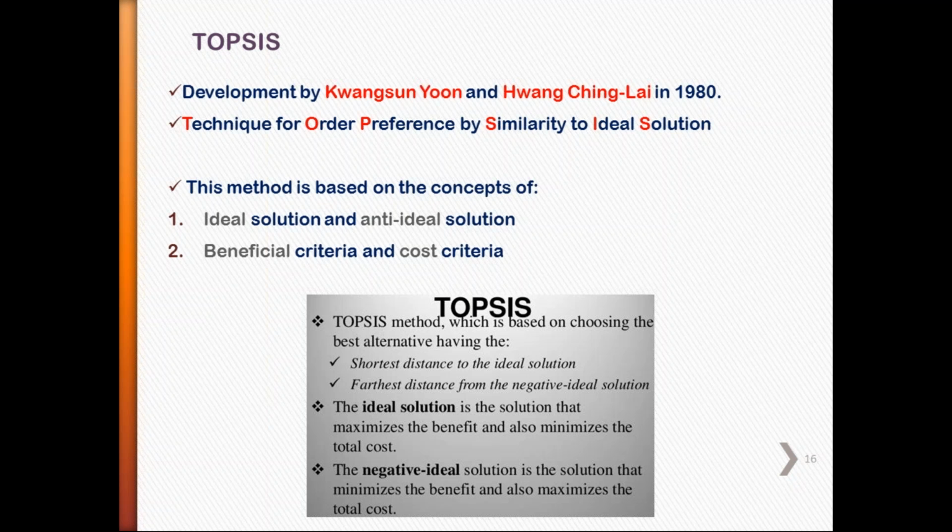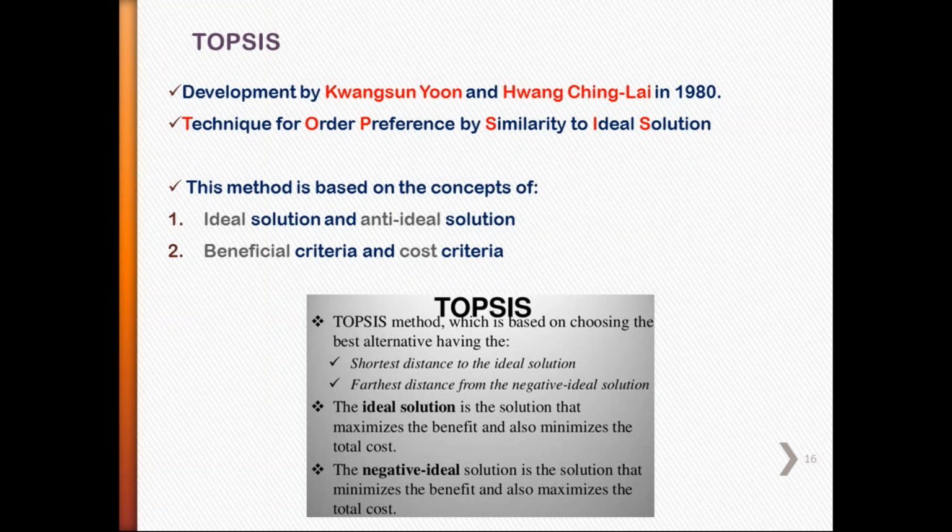As per TOPSIS terminology, benefit criteria are those whose higher values are always preferred, and cost criteria are those whose lower values are always preferred. Understand? Cost criteria means, for example, rate of rejected part, number of defects in a cast product, the value is as less as possible, lower is better.